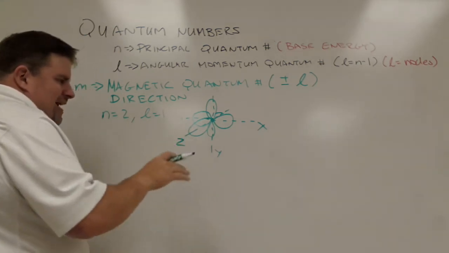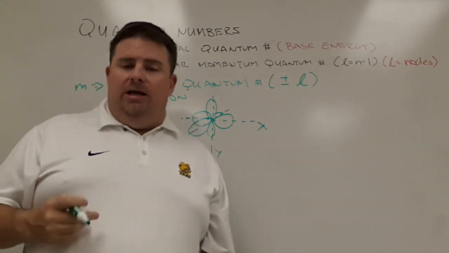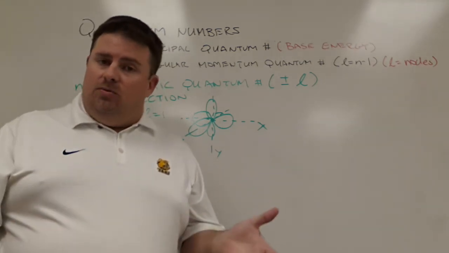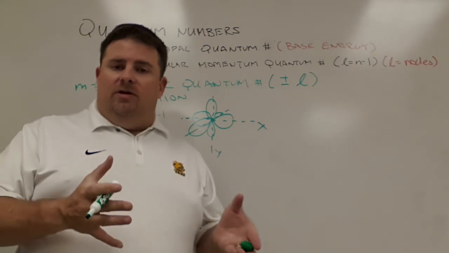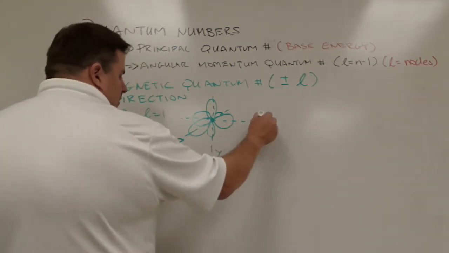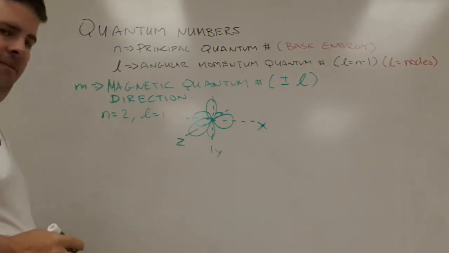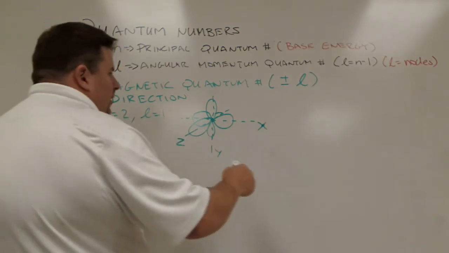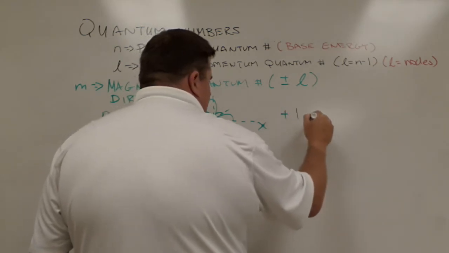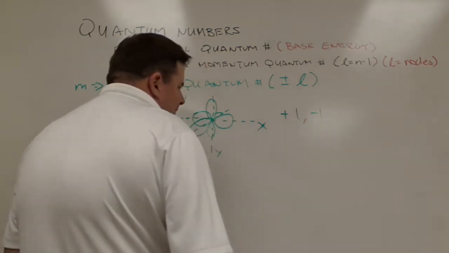So I can place these orbitals in 3 locations. The magnetic quantum number doesn't tell us if it's x, y, or z. It just says that there's 3 of them that exist. Each one of them is occupying a specific directional component: x, y, and z. So the magnetic quantum number is plus or minus L. So I've got plus 1 and minus 1.